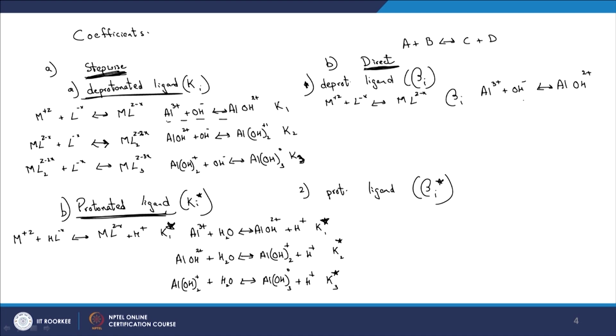But let us say for the next case, the formation of the next complex, it is not stepwise anymore, now it is direct addition as in Al3+ plus 2 OH- forms Al(OH)2+, a direct addition, right. Earlier we had only one stepwise, but now we have a direct addition, and same case for the next complex, Al3+ plus 3 OH- will directly form Al(OH)3, right.